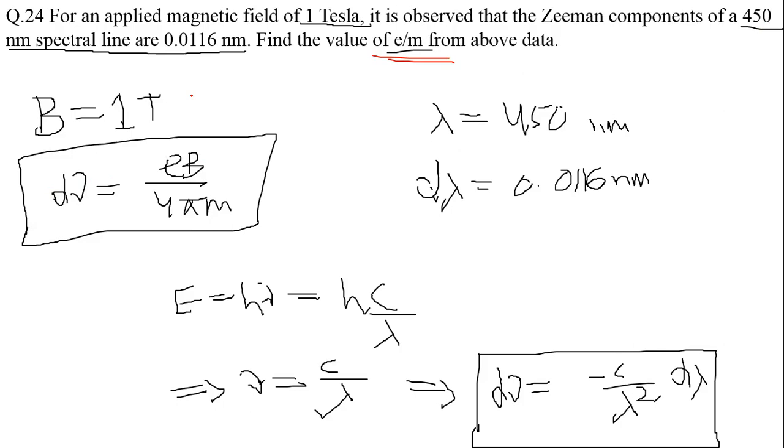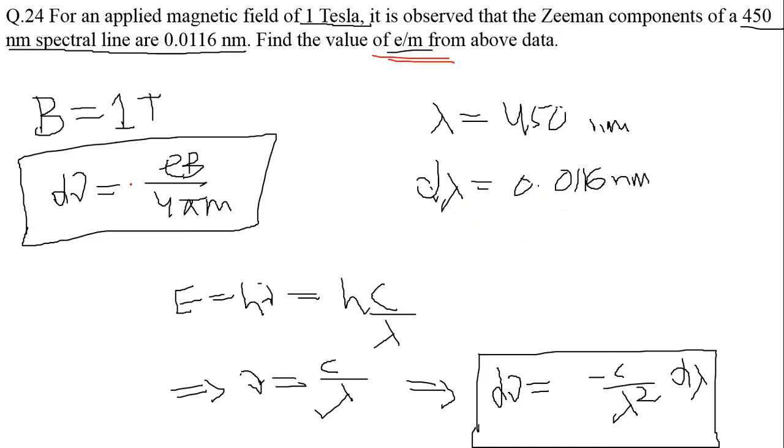So from this value we can calculate the value of E by M. The magnetic field given is 1 Tesla, the wavelength is 450 nanometer, and the change in wavelength, that is the splitting, is 0.0116 nanometer.